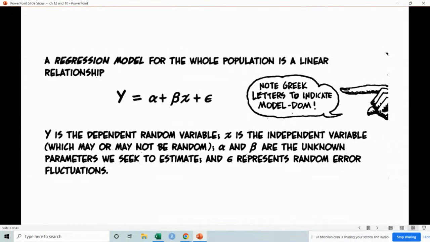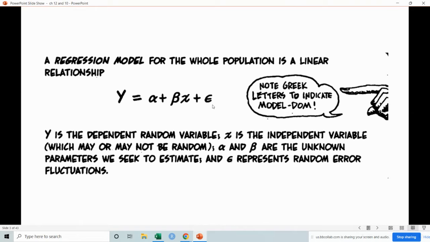The typical regression model for the whole population is the linear relationship of y, some dependent random variable, equals alpha plus beta x plus epsilon. Alpha is our y-intercept, and beta is our coefficient for x.